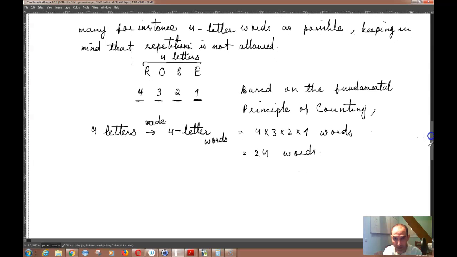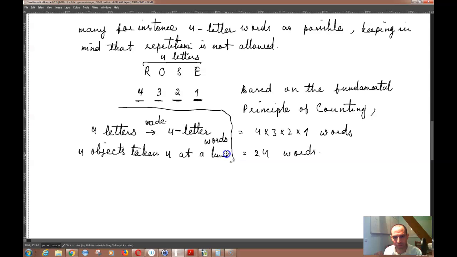So this situation, in the language of permutation and combination, is usually described as 4 objects. We refer to these letters as objects collectively. 4 objects taken 4 at a time. Or more generally, you can say the same thing as n objects taken r at a time.